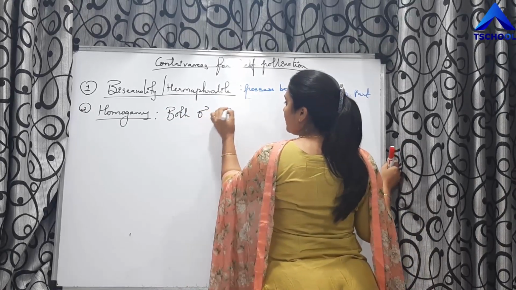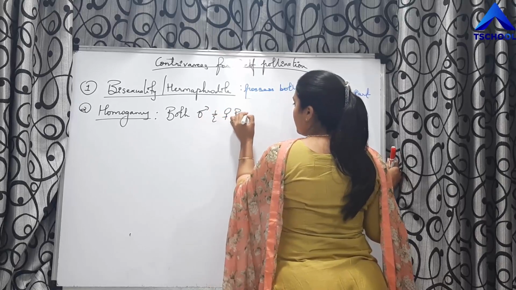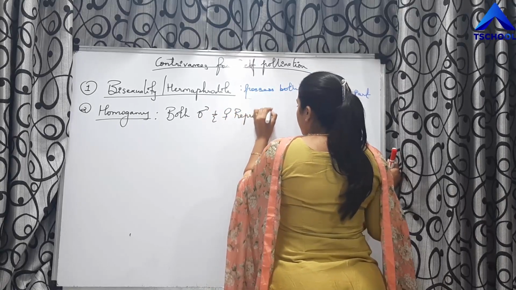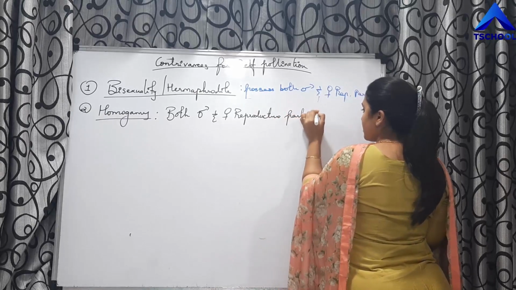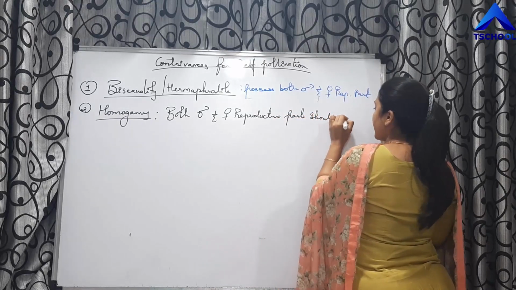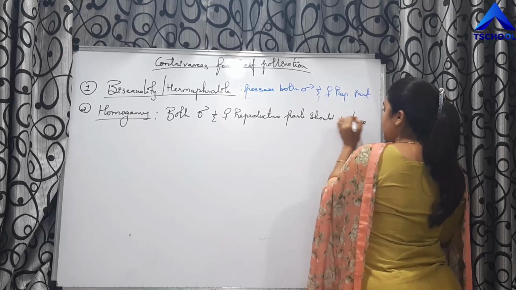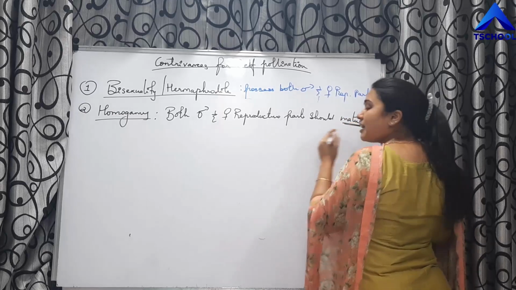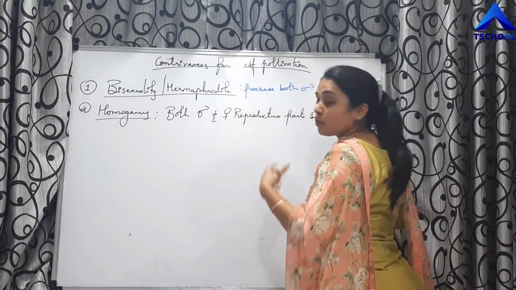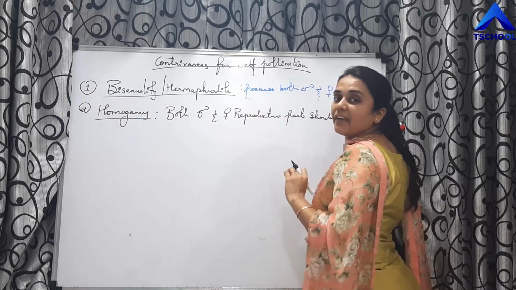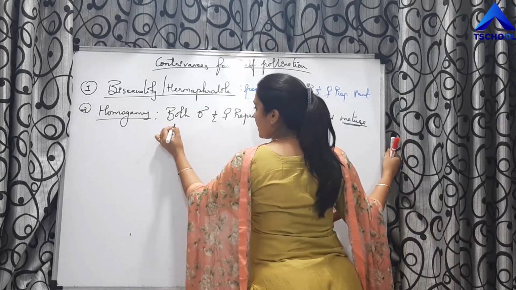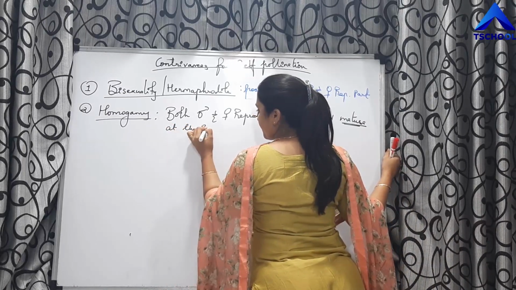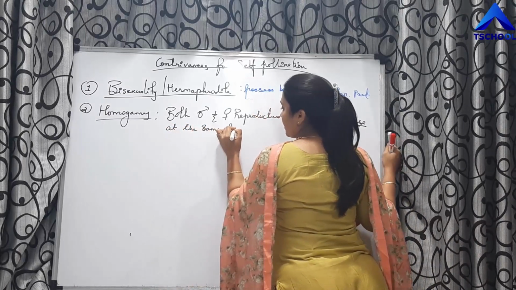Both male and female reproductive parts should mature. Mature means they should be now able to release the pollen grain, or they should be having an embryo sac. They should mature at the same time.